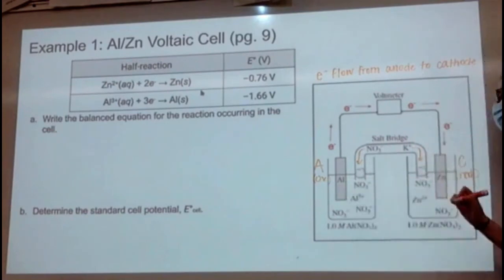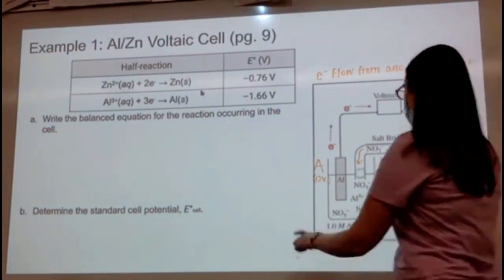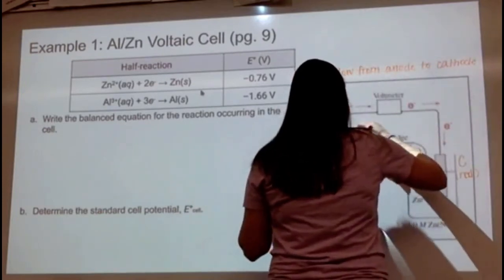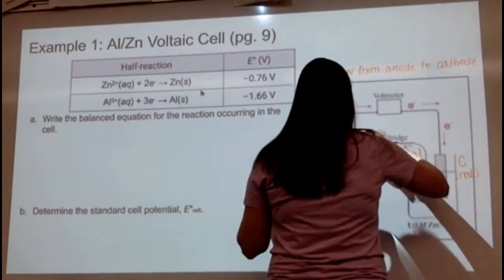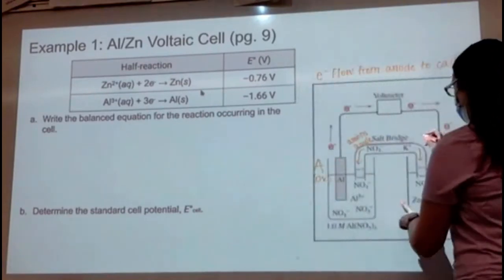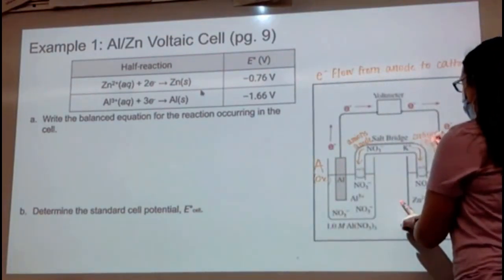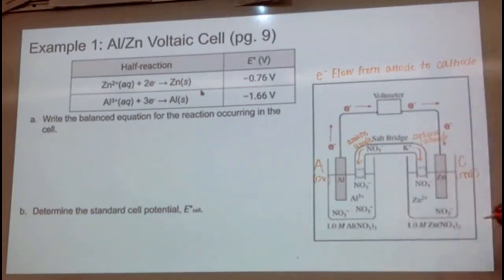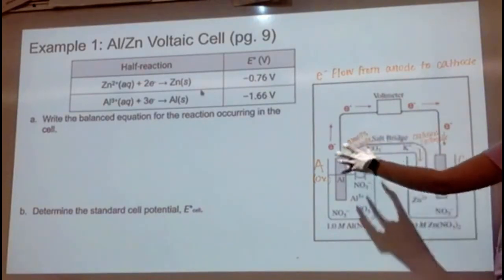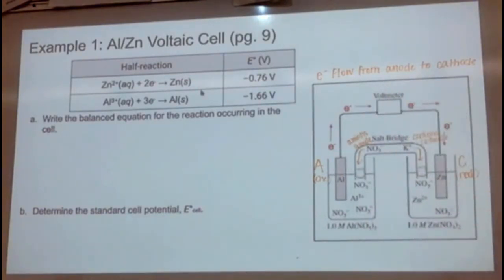K plus is moving down toward the right half cell. While anions move toward the anode, cations move toward the cathode.